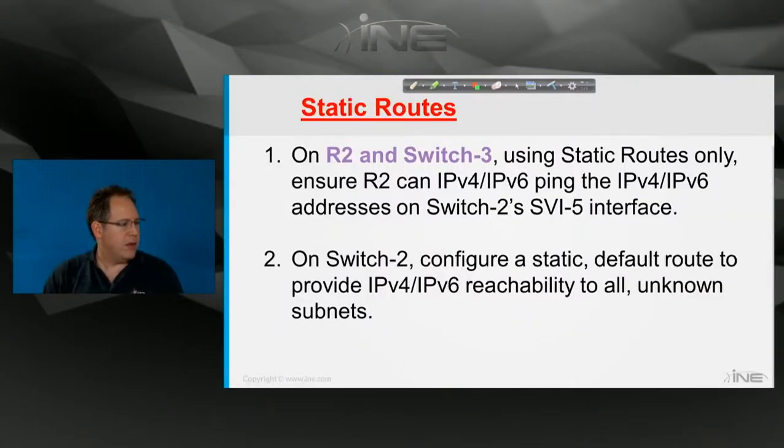On R2 and switch 3, using static routes only, ensure that R2 can IPv4, IPv6 ping the addresses on switch 2's SVI5 interface.